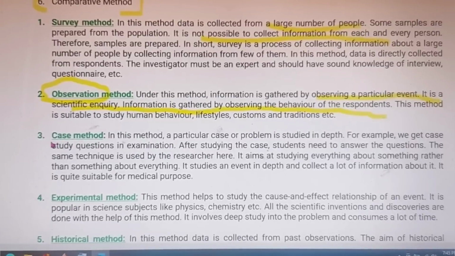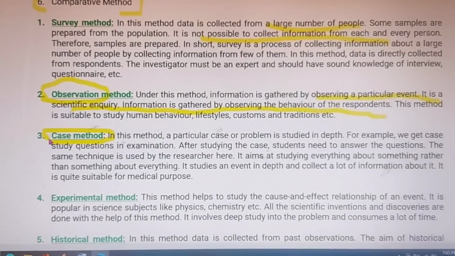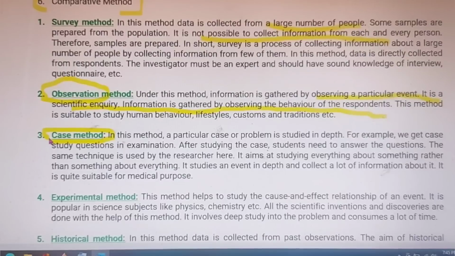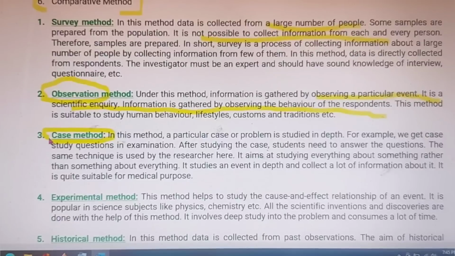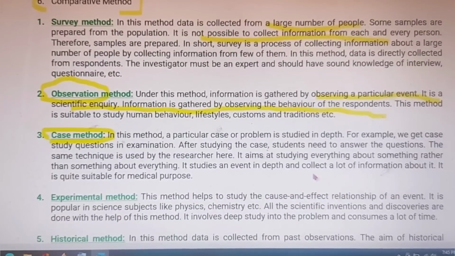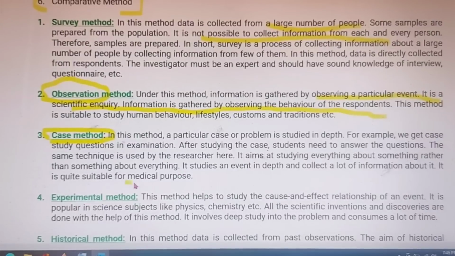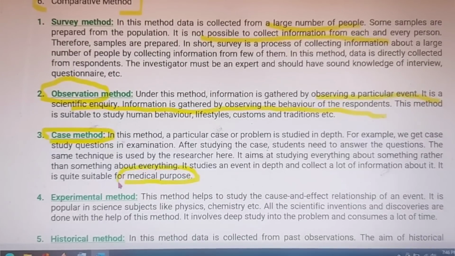And in case study, in the exams we get case studies, like a particular case will be given, and the researcher will try to study that case and find out the solution of the problem. This method is quite popular in cases of medical purpose, right?